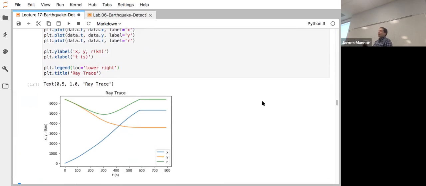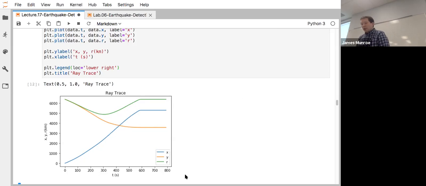So here we go. As a function of time, in hundreds of seconds, you can see that the y coordinate starts off high, the radius of the Earth, and drops down to about halfway through. The x coordinate starts off at 0, the center of the planet, and moves towards the edge. And the radius shrinks from the surface of the Earth down to about 1,300 kilometers down, and then pops back up.